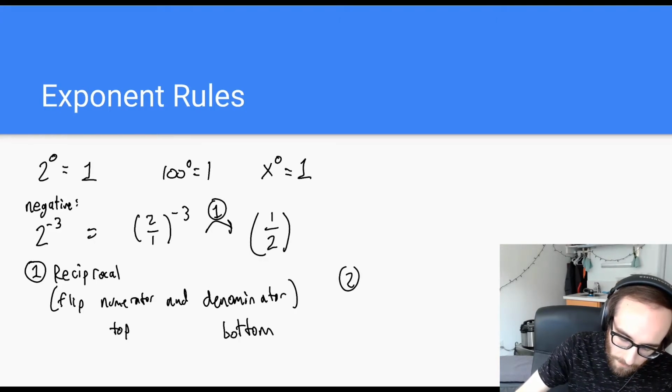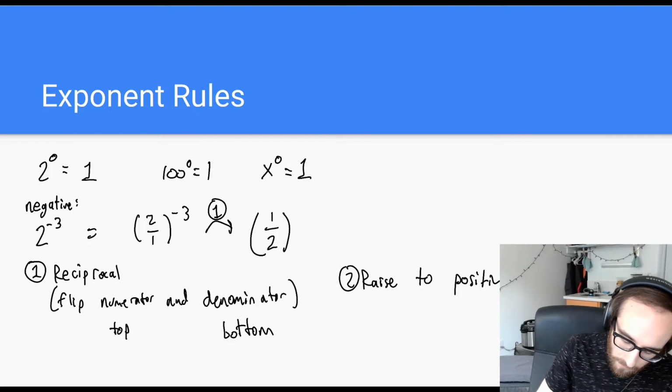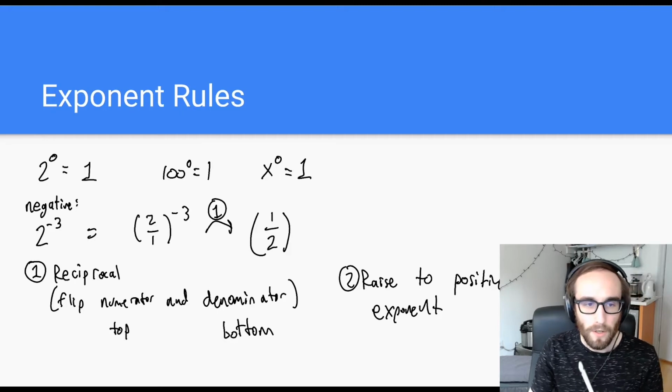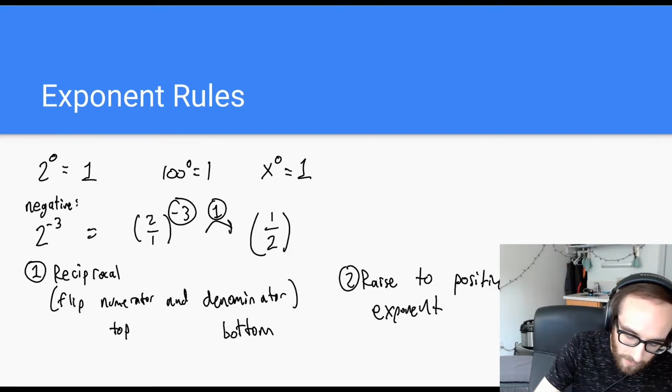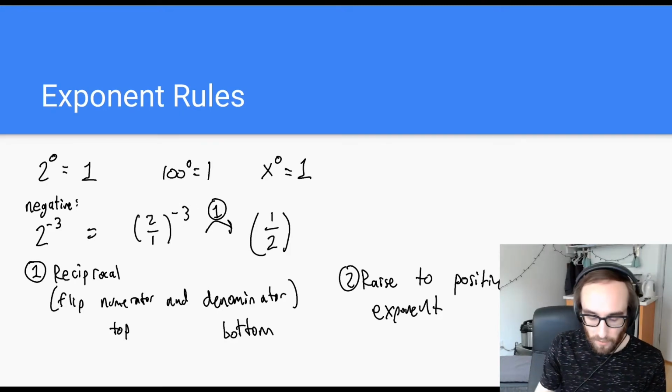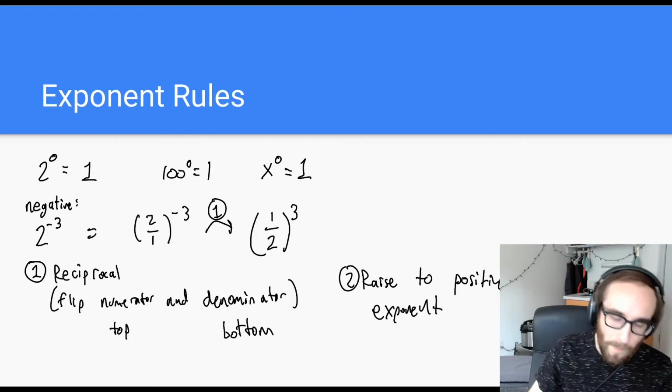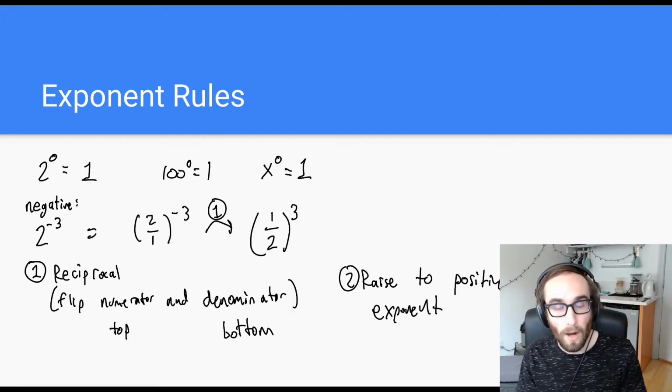And then our second step is to raise it to the positive exponent power. So we had negative 3, which means now we flipped it and we will raise it to the third power. So we have 1/2 to the third power.